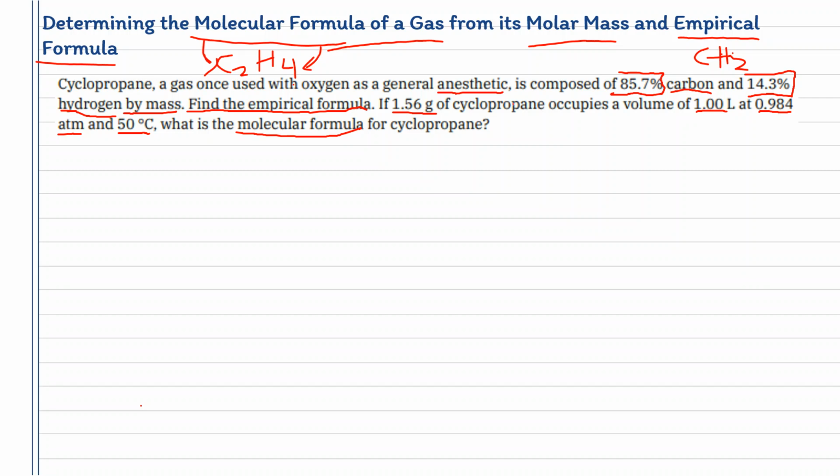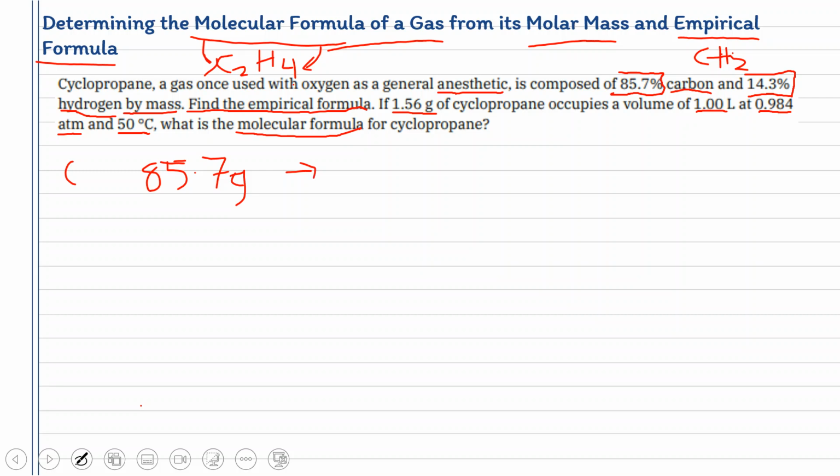So let's start with carbon. I have 85.7 grams of carbon. I want to find the ratio. To be able to find the ratio, we need to know the moles of carbon that would have been in this.